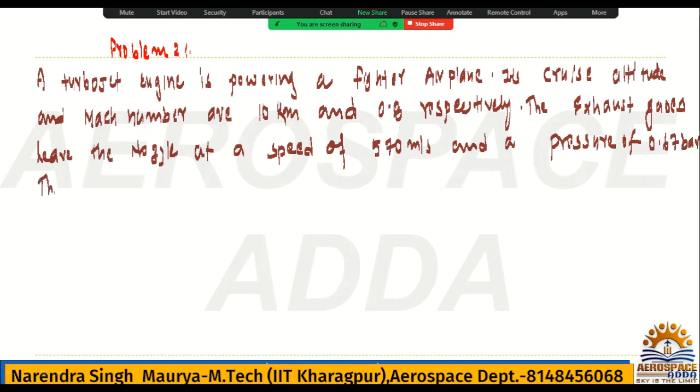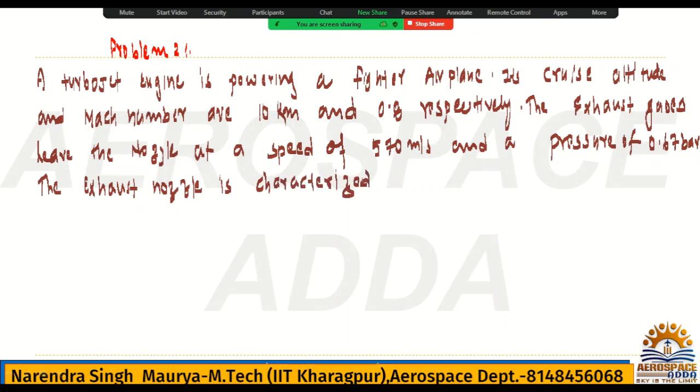The exhaust nozzle is characterized by the ratio A by m dot A equal to 0.006 meter square second per kg.